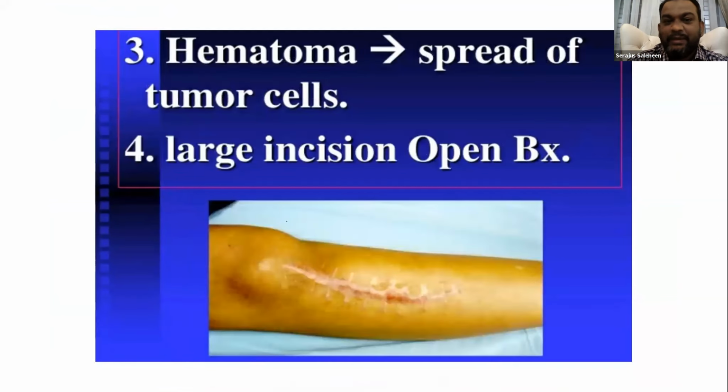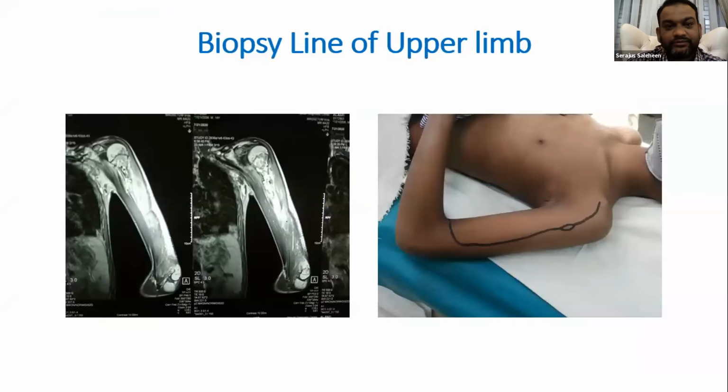If a long or large incision is made in biopsy, there may be a hematoma formation, and it is a sign of spread of tumor cells. So it is also a bad biopsy. And now I am going to show the biopsy line of the upper limb. This is the ideal Henry line, the ideal biopsy line of the upper limb.